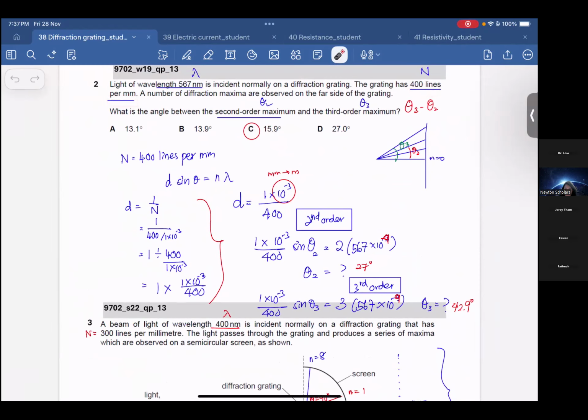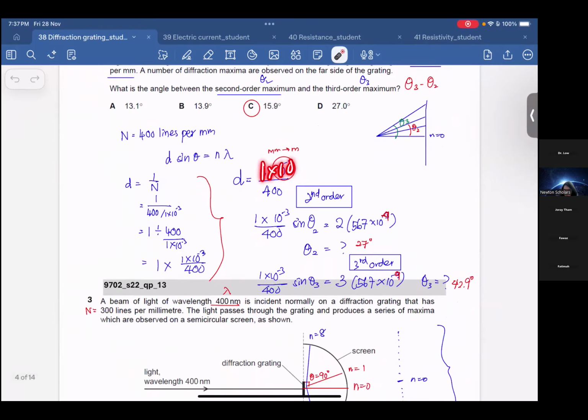Don't forget this is mm, so we have to convert it into meters. The 1 times 10 to the power of negative 3 changes millimeter to meter, so this part we have to be careful. Then d is 1 times 10 to the power of negative 3 over 400. Here is the mathematical working step.